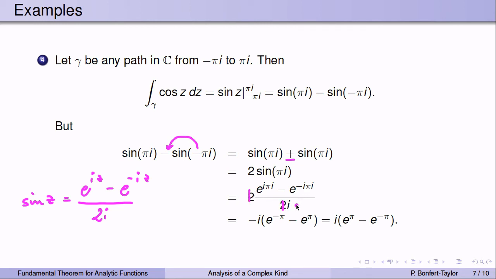We can bring the i to the numerator as a minus i, and we're left with minus i times e to the i² π, i² is -1, so e to the minus π, minus e to the minus i² π, which is e to the π. We can pull the negative sign inside and find this is i times e to the π minus e to the minus π.